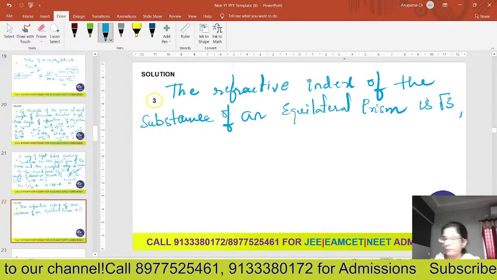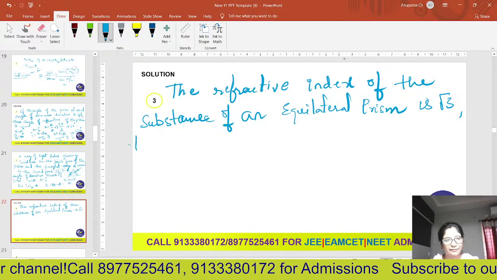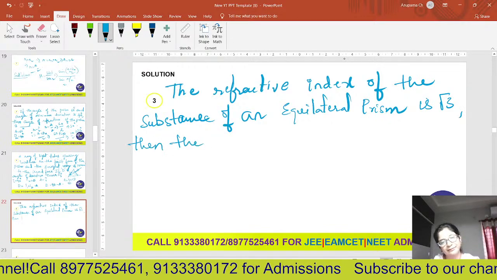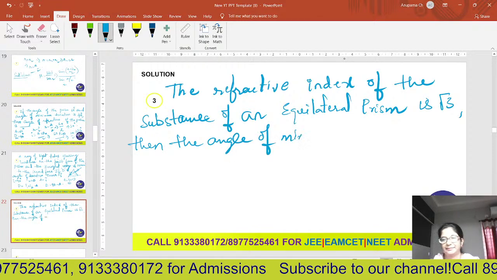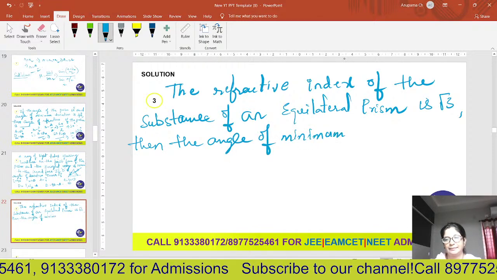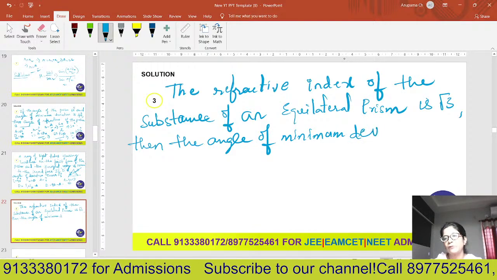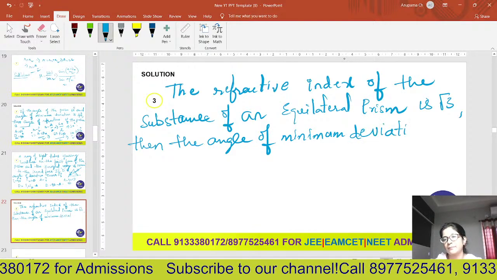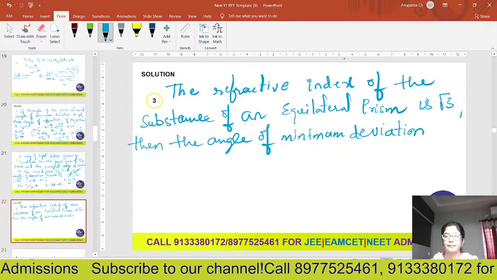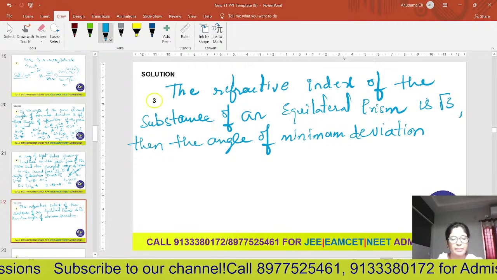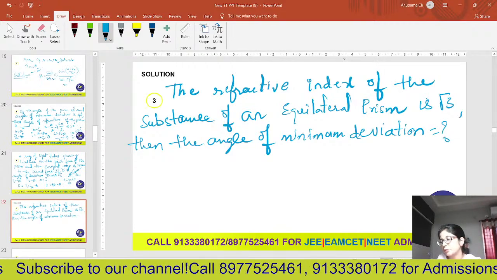Then the angle of minimum deviation is equal to dash. Equilateral prism. Meaning angle of the prism is what?